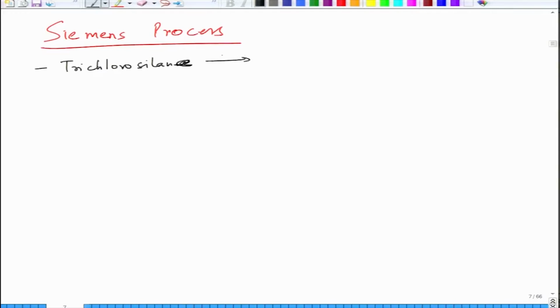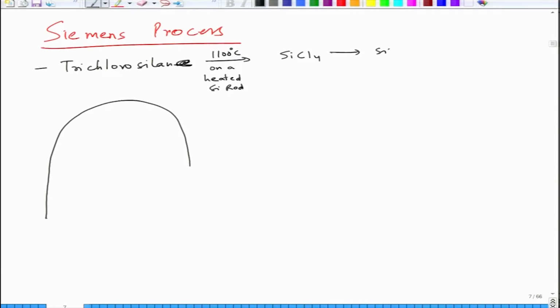This is thermally decomposed at 1100 degree centigrade on a heated silicon rod inside a decomposition chamber, and then it gives rise to SiCl4, and this is then converted into silicon. So, the way we go about it is we have this chamber, which is a dome shaped chamber.